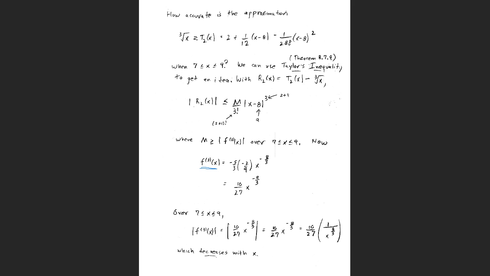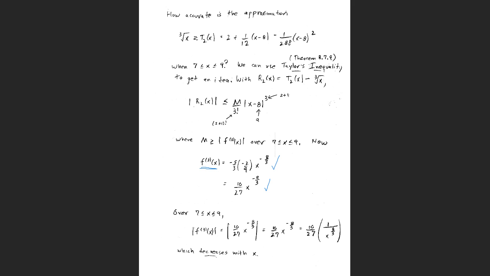Now we know that the second derivative of the cube root of x is negative 2/9 times x to the negative 5/3 power. So if you differentiate that second derivative, you get this third derivative.